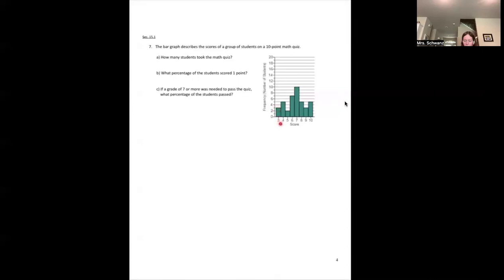We know that 3 of them scored a 3, so let's go ahead and write this out. There are 3 kids that scored 3 on this test. There are 5 kids that scored 4. So 3 plus 5. There are 2 kids that scored 5.